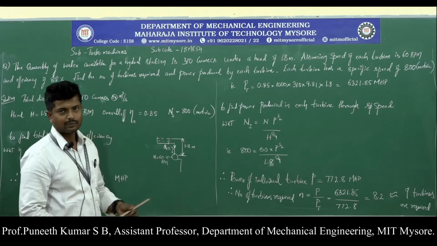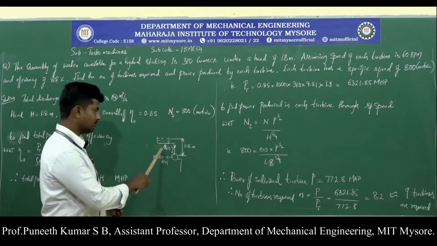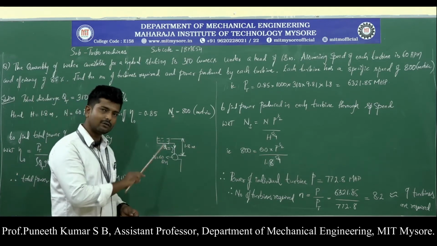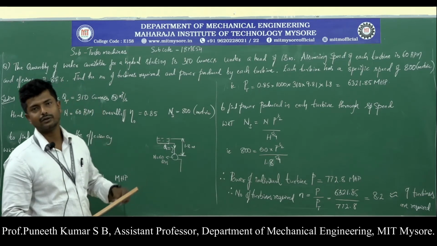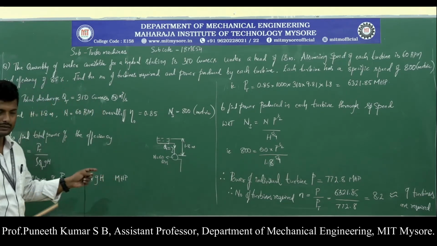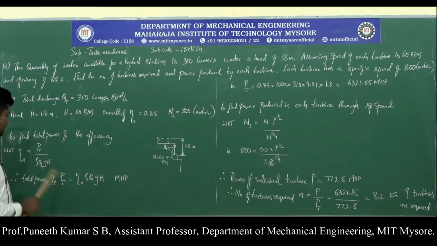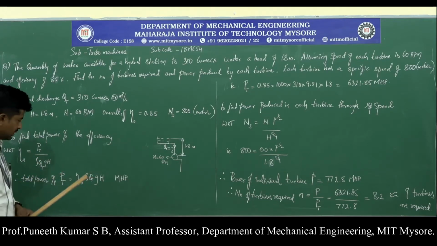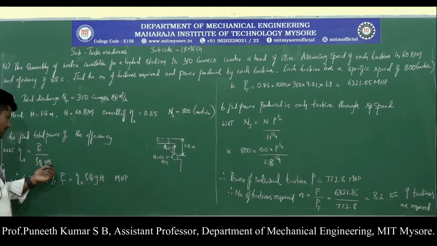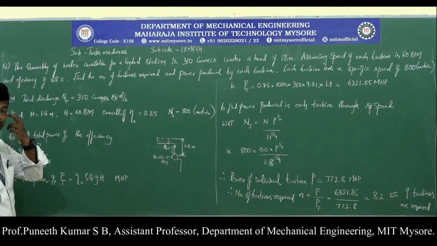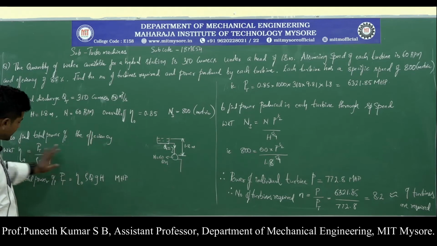And in this particular problem, it is not necessary to find the individual flow rate. Without finding this, we will directly find the solution. So this QT is the total flow rate inclusive of all the turbines. G is the gravity constant and H is the available head.